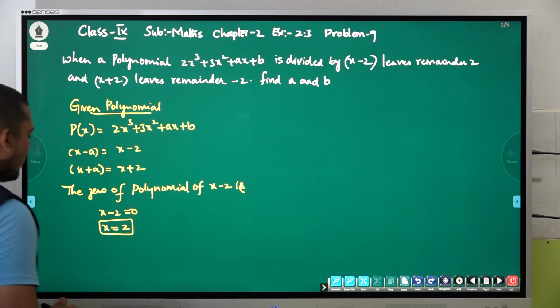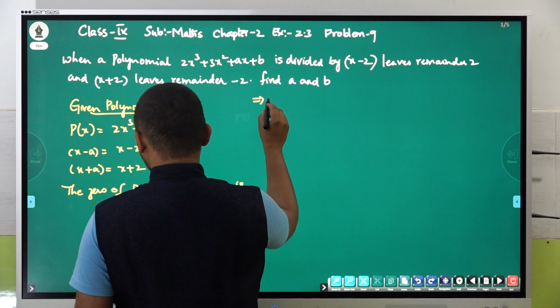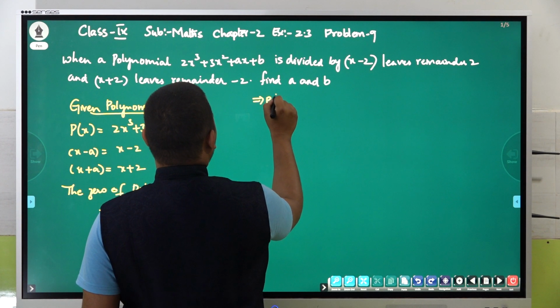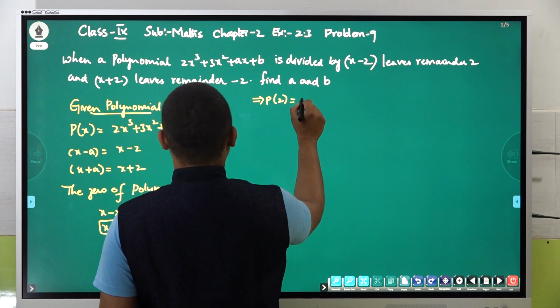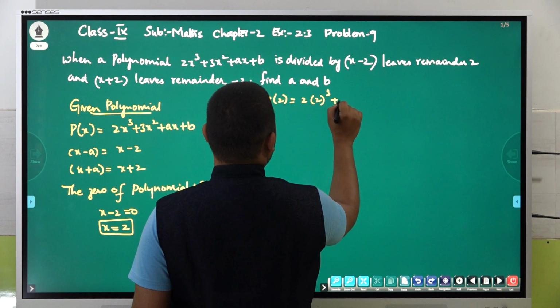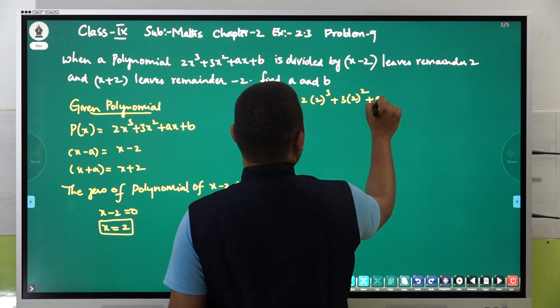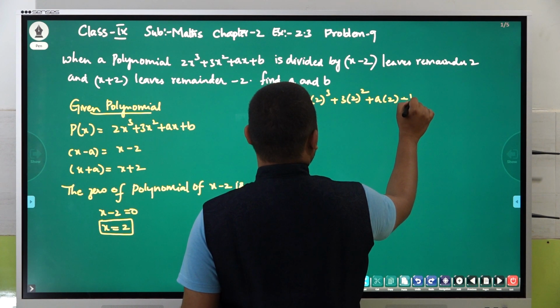Okay, now replace 2 in the place of x in the given polynomial, children. P of 2 is equals to 2 into 2 cube plus 3 into 2 square plus a into 2 plus b.